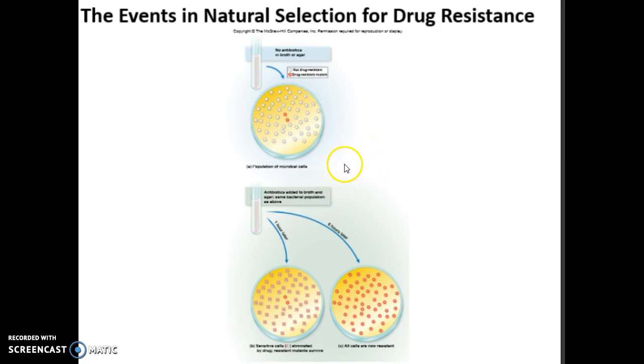The next idea then is, if you grow these same bugs here in a broth that has antibiotics, then over time, just in a short period of time, an hour here, all of the bacteria that are sensitive to the drug die off, and these two are left. You just have the red guys.